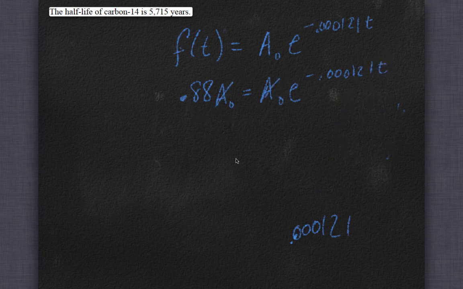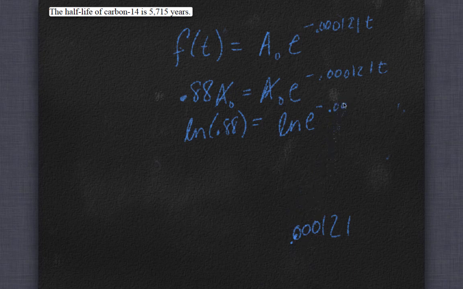We've been left with, if we know a percentage or a multiplier, we can just put that value over there. So natural log 0.88 is natural log e to the negative 0.000121t, equals negative 0.000121t.